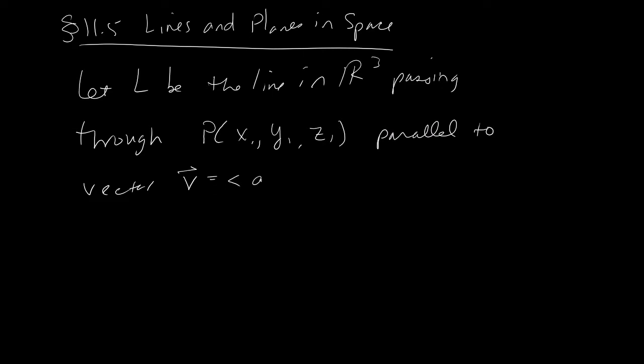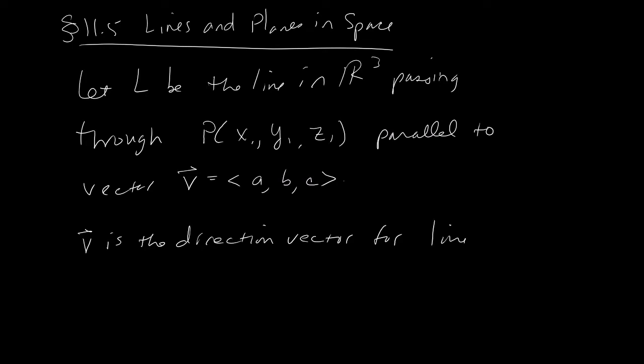Okay, and we'll say that vector is A, B, C. All right, so here v is the direction vector for the line L. And A, B, C are the direction numbers.